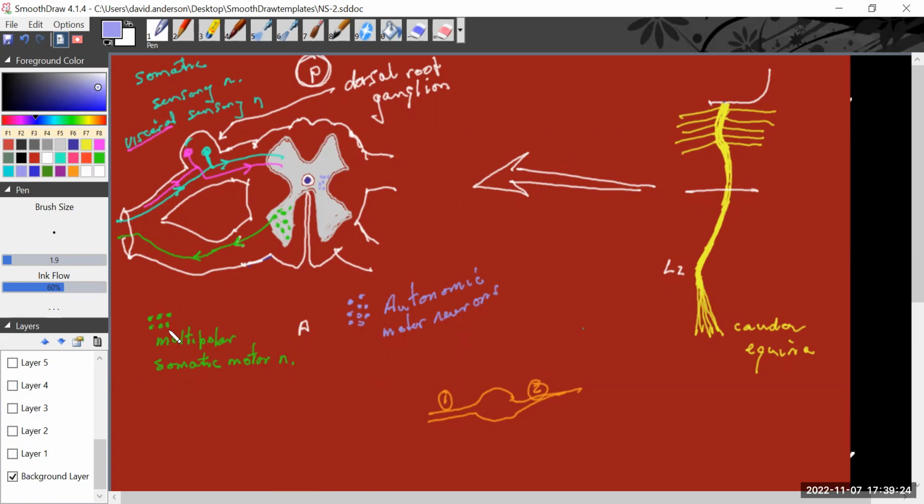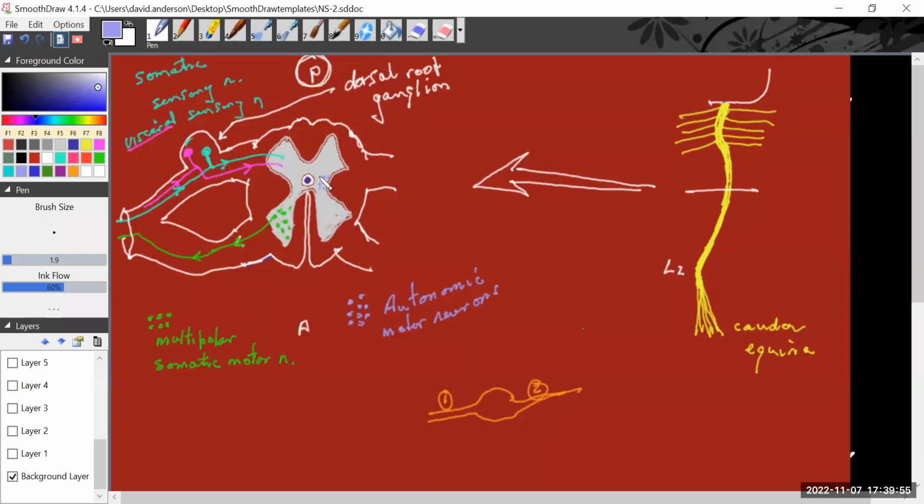So this represents the organization of the spinal cord. Gray matter in the middle, white matter on the outside. In a cross section of the spinal cord, we see anterior horns. In the anterior horns, we see the somatic motor neurons. They're sometimes called alpha motor neurons. But basically, if you remember somatic motor, that's going to tell you that they finish on skeletal muscle.